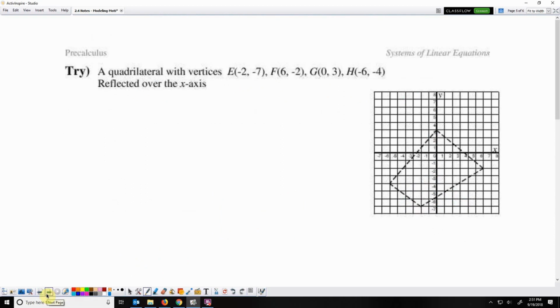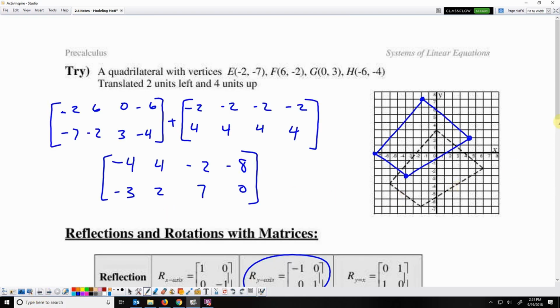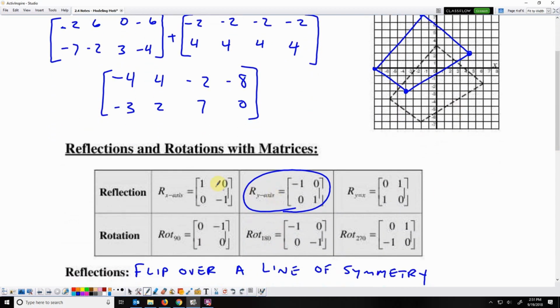Okay, so now we're going to reflect over the x-axis. And if we go back and take a look at our different matrices, reflection over the x-axis is multiplying by 1, 0, 0, negative 1.